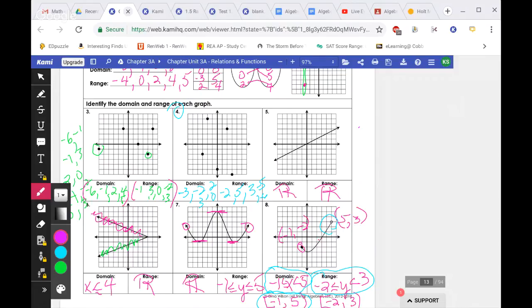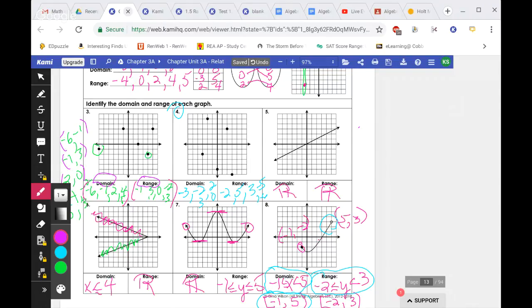So what you would do for these, and my writing's kind of messy on this, is I wrote for number 3 to the left my ordered pairs for all of these points on that coordinate graph. And so then I took all of my X values, and that was my domain. And I took all of my Y values, and that was my range.